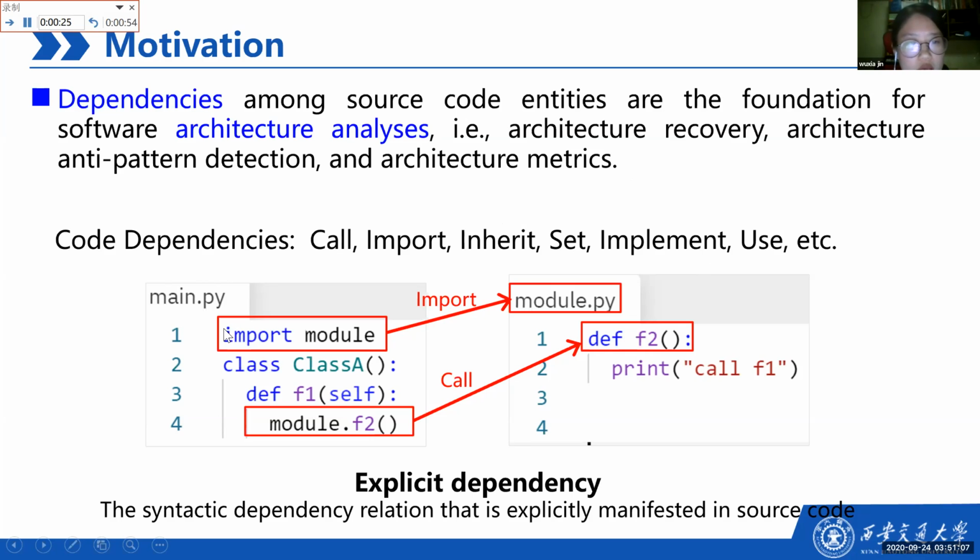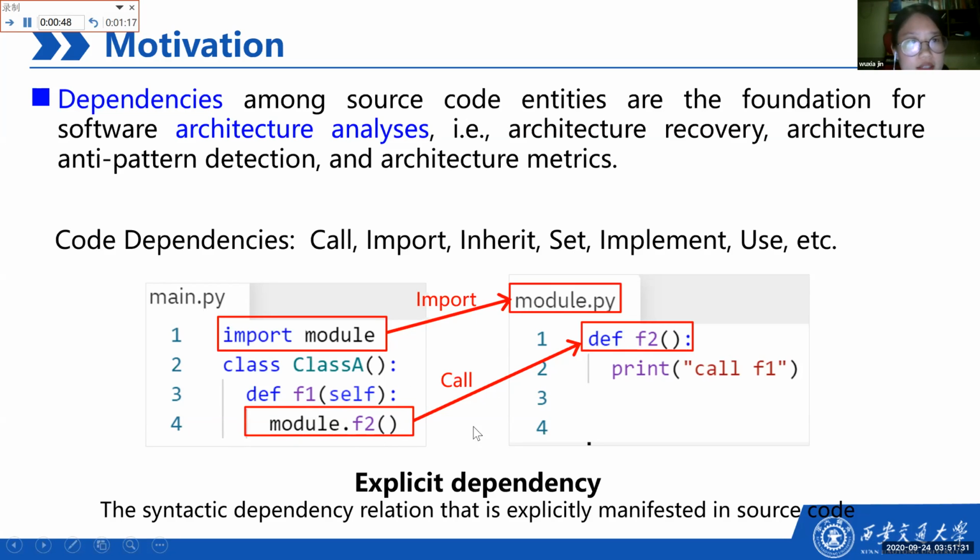For example, in this code, the first line shows that the main file will import module, so there is an import dependency from the main file to module. The first line shows that the f2 method will be called by f1, so there is a call dependency from f1 to f2.